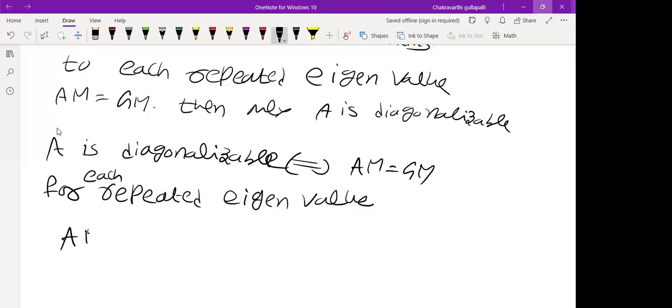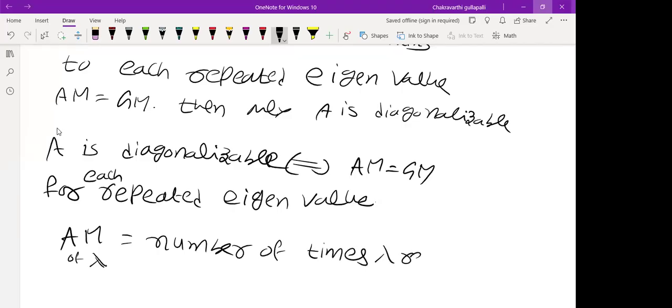What is AM? AM is the number of times lambda repeats. AM of lambda is defined not for the matrix; algebraic multiplicity is defined for the eigenvalue. This is called AM.